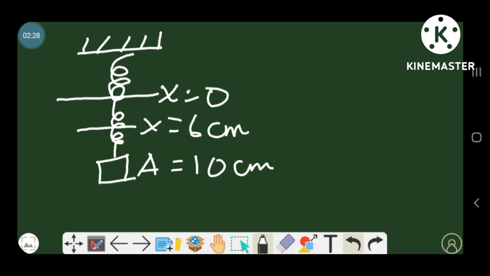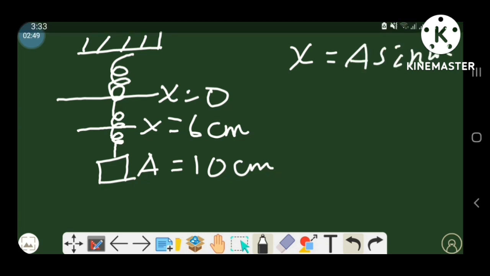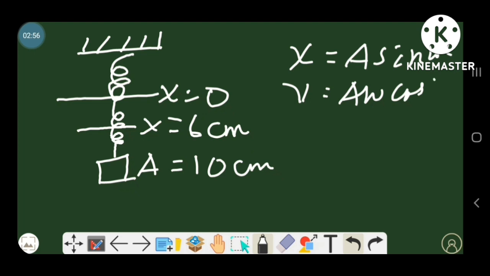From this one we must understand the relation between the position of the oscillatory object and its speed. We know that if x is given by a sine of omega t, then v will be a omega cos omega t.